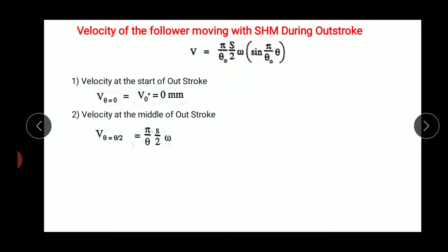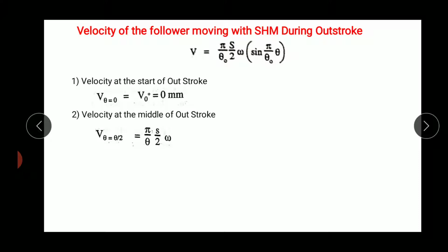That's why, while starting the calculation, you first concentrate on the trigonometric part, whether it will become 0, 1 or some other value. So here it will become 1, so the velocity at the half of outstroke, or at the middle of outstroke, will be like this, multiplied by 1.